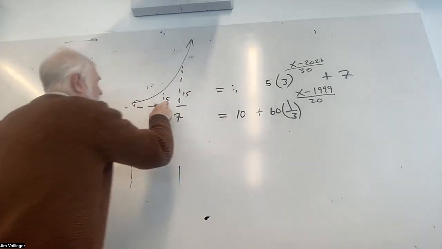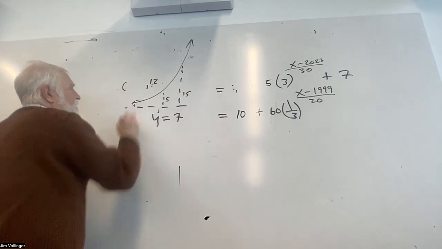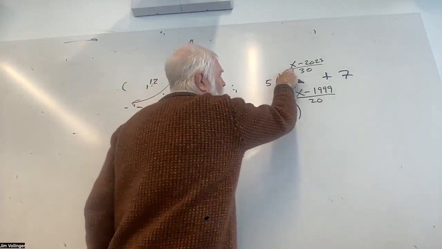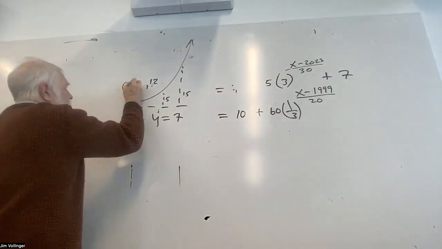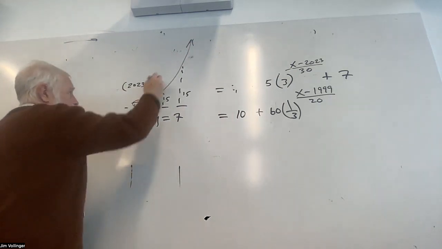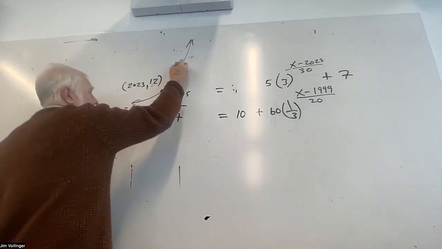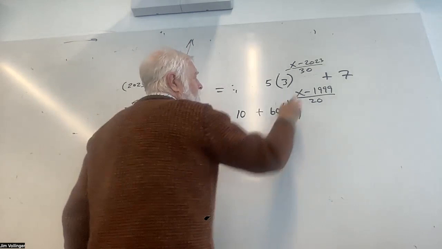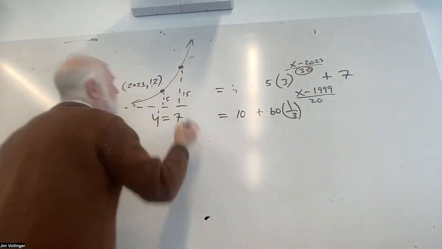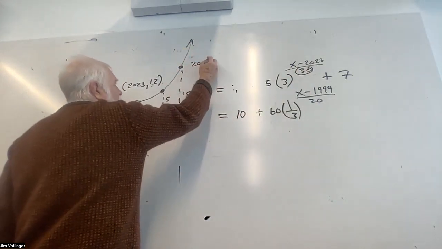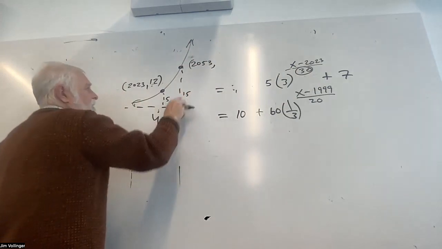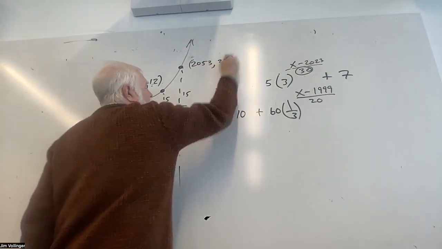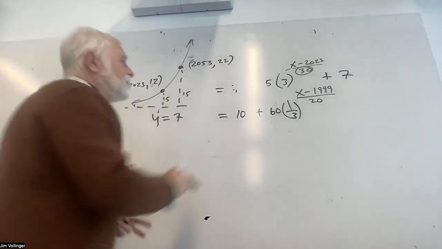Okay, so 7 and 5 make 12. That's that y value. Provided I make a 0, 2023. What's my jump in years? 30 years. That's 2053. 7 and 15, 22. You got to put some time and effort into this.